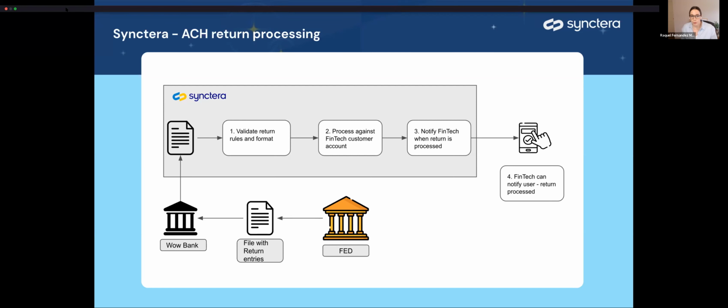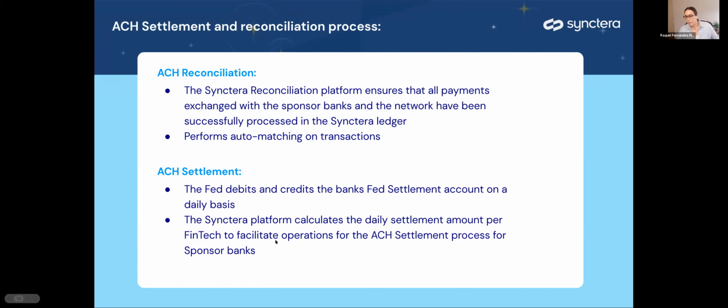In our platform at Synctera, we validate the return against the rules and the format to make sure that every return processed in the Synctera platform is compliant with the rules. We process the returns against the fintech customer account, and we notify the fintech when the return is processed. So the fintech, at the end of the process, can notify their users of a return.